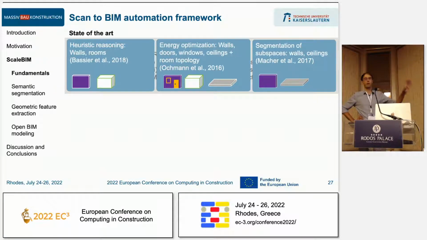Just to give you an idea of the state of the art in this field at the moment, we have 3 papers here, and basically all these 3 approaches have in common that they try to exploit the topology of a building. So what's the topology? It's basically the layout of rooms and physical objects in the building.